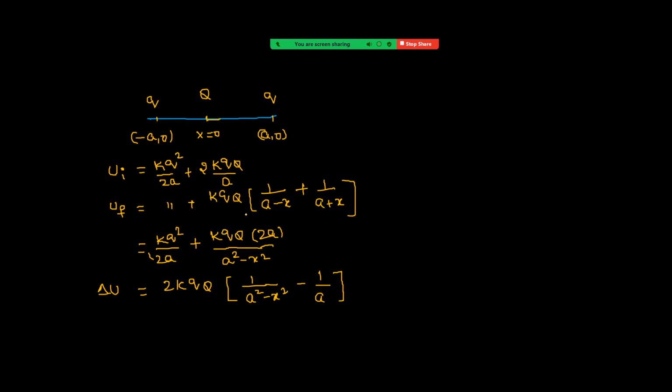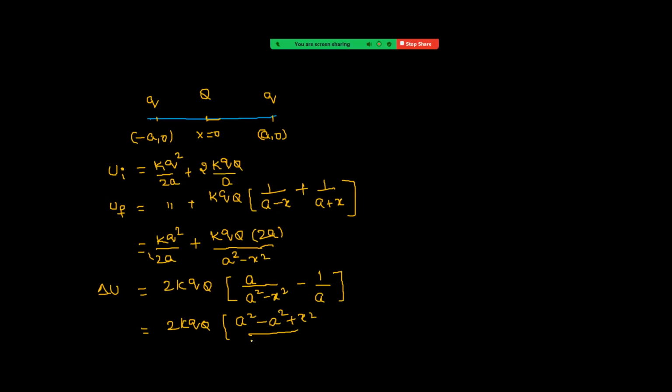Wait, we're having here 2a, right? Right, it is a. Okay, right. Now see what we get. 2kq and Q. Remaining part a into a square, a square minus a square plus x square by, see what we get now.